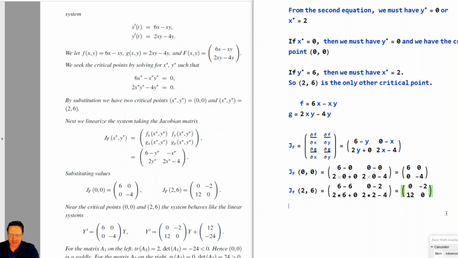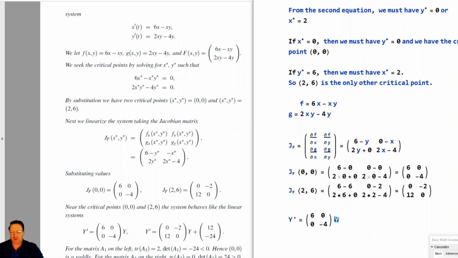So now let's write each of the linearized systems. So we have for the critical point 0, 0, y dash equals this matrix 6, 0, 0, minus 4 times y, and then what's the b part of this is the two numbers that give us 0 for the derivative at the critical point.